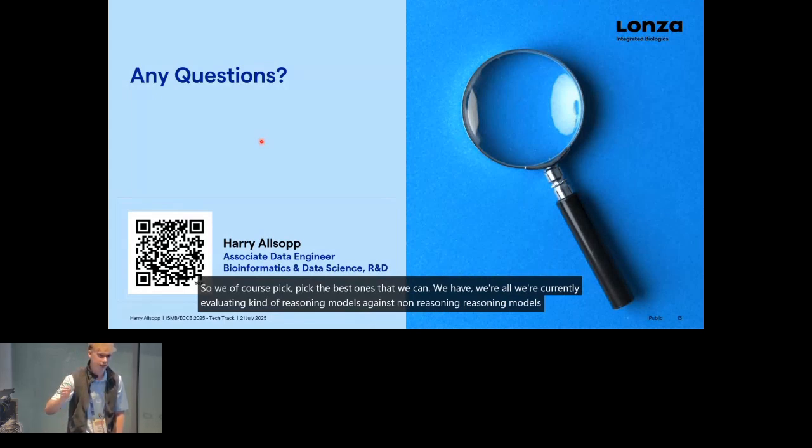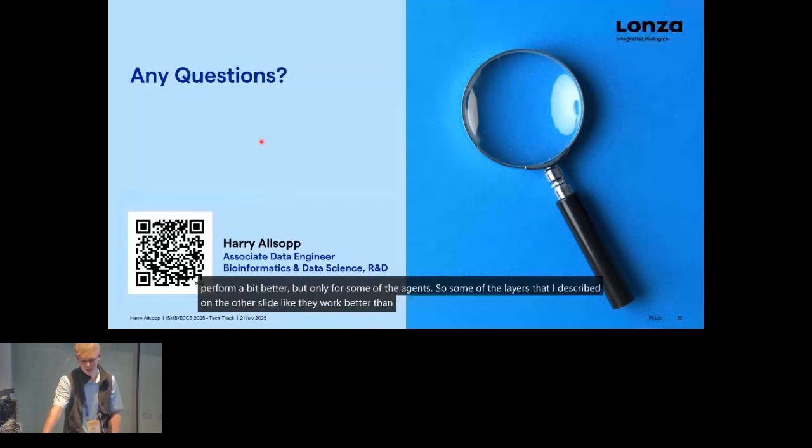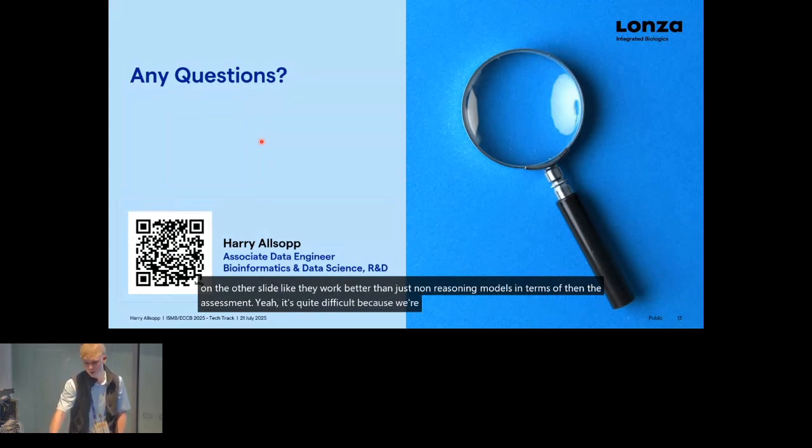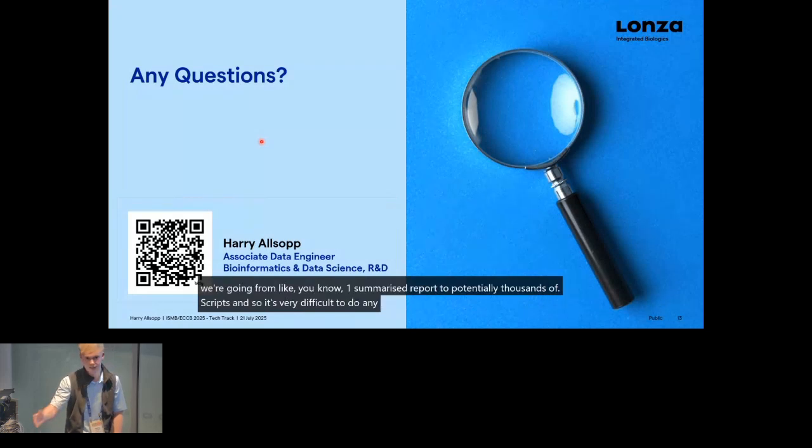In terms of the assessment, it's quite difficult because we're going from one summarized report to potentially thousands of manuscripts. So it's very difficult to do any actual quantitative comparisons against that, like cosine similarity. But we did try it, and it's not very representative. So we fell back onto using more LLMs, basically.